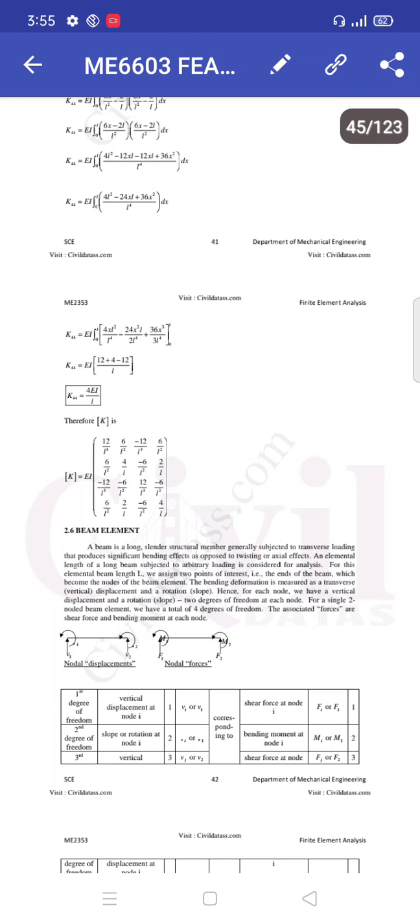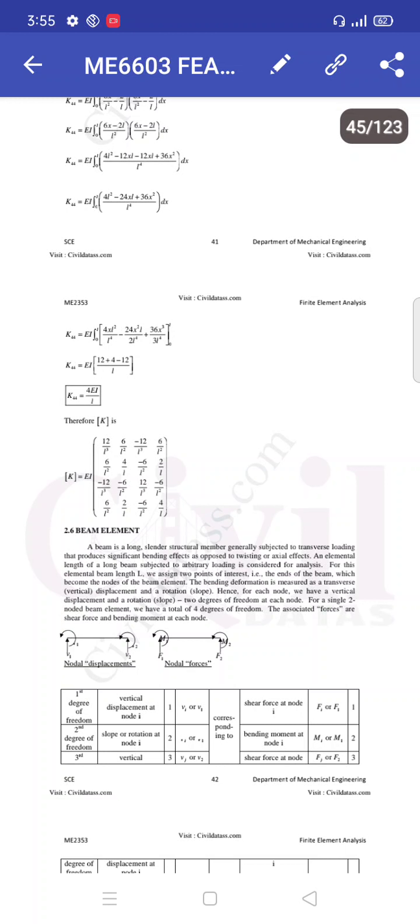So finally the stiffness matrix is equal to K, with the entries 12 by L cube, 6 by L square, minus 12 by L cube, 6 by L square; 6 by L square, 4 by L, minus 6 by L square, 2 by L; minus 12 by L cube, minus 6 by L square, 12 by L cube, minus 6 by L square; 6 by L square, 2 by L, minus 6 by L square, 4 by L. So these are the things here.